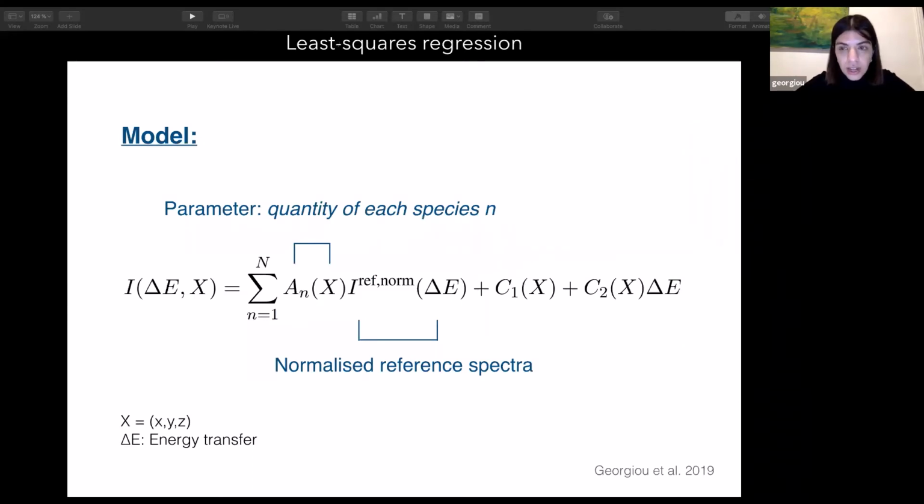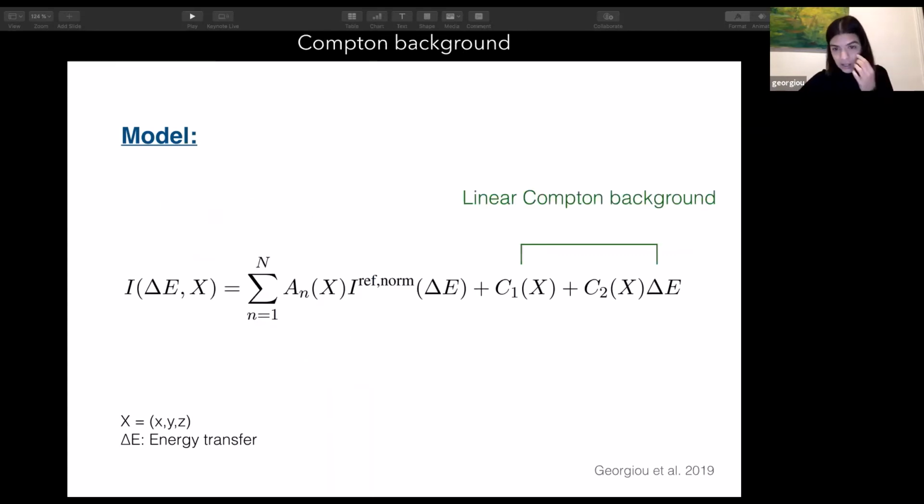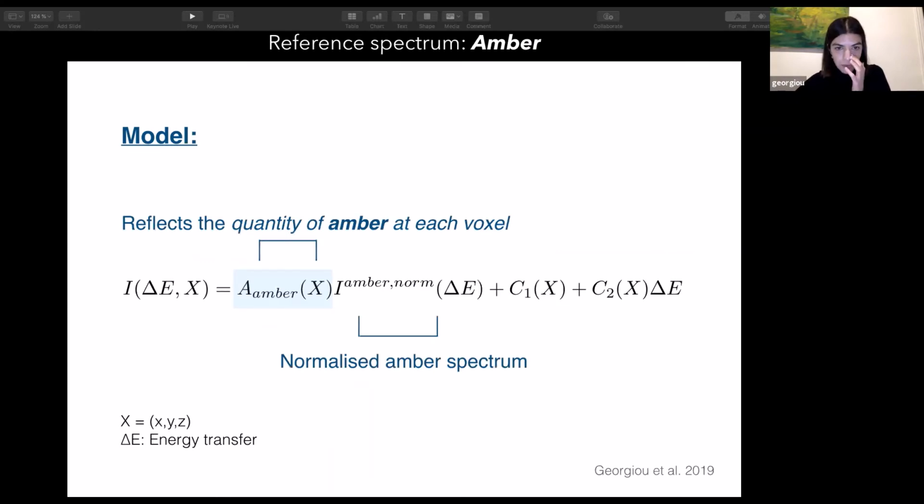In order to start looking at the chemistry and at the spectra we obtain in this volume, we started with a model. So we had a sum of normalized reference spectra plus a linear Compton background.